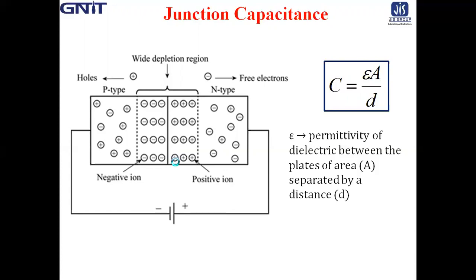This capacitance is similar to that of a parallel plate capacitor given by the expression C equal to epsilon A by D, where epsilon is the permittivity of the dielectric between the plates of area A and separated by a distance D. So the depletion layer is like a parallel plate capacitor. That is why it is called the junction capacitance.